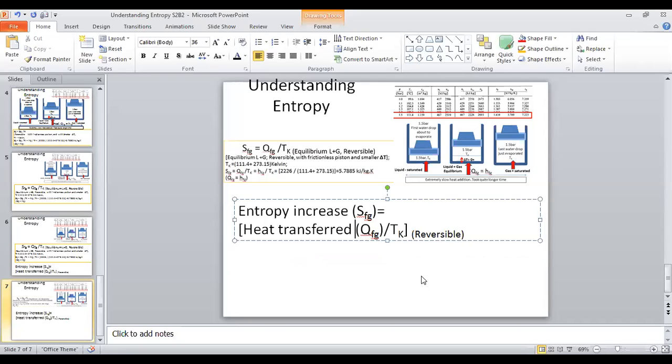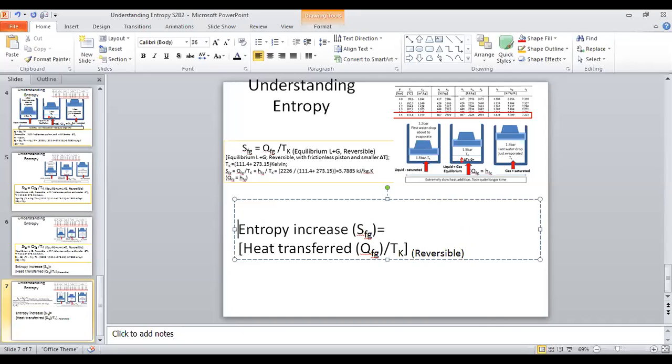So I will put here: in the system of vapor liquid enclosure.